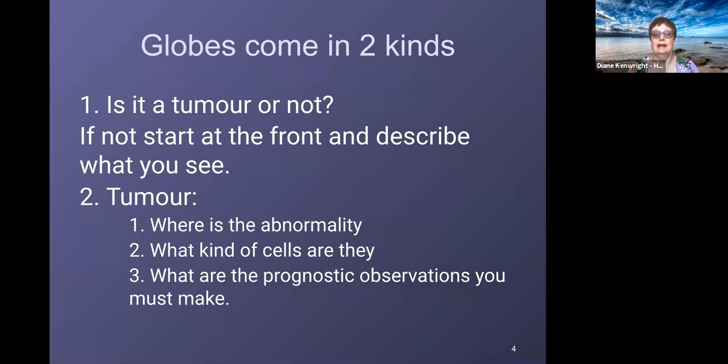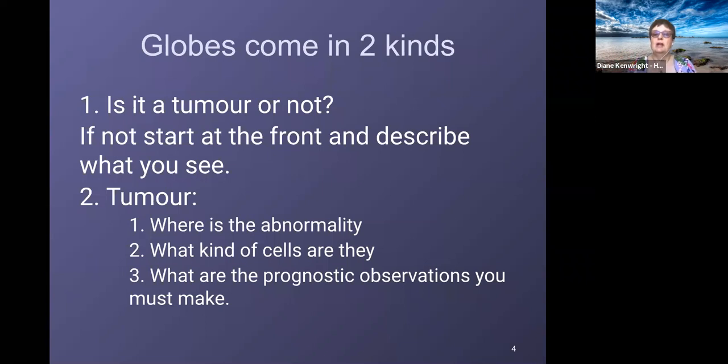The second thing is what kind of cells are they? So now we're coming down to look at it at high power. One of the most common mistakes that trainees make is that they don't get enough out of the low power, okay? And they immediately go to high power and describe what kind of cells they are.